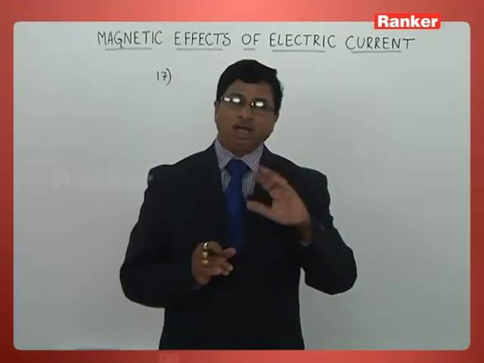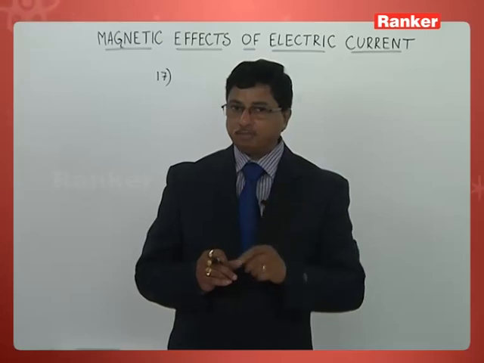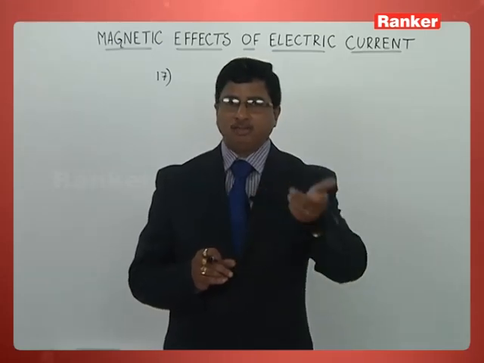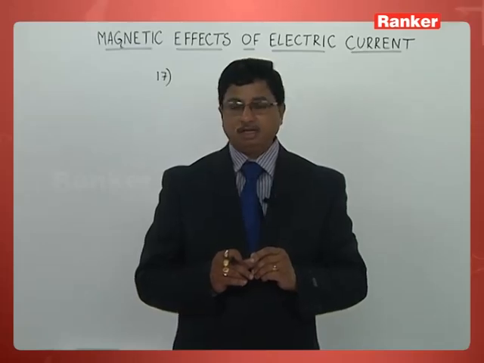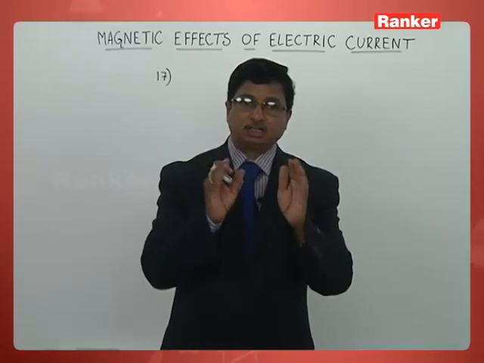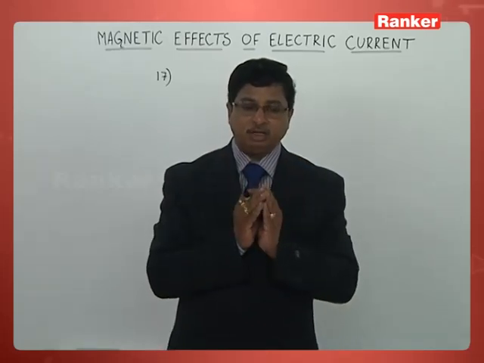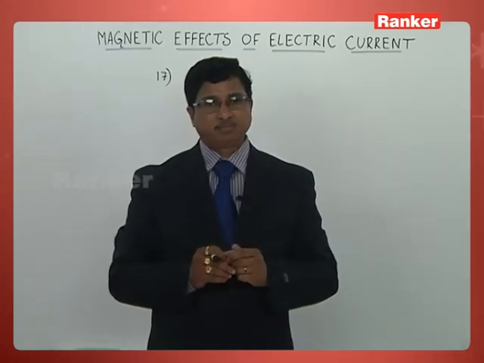How to convert a galvanometer into a voltmeter? We connect a very high resistance in series to the galvanometer. Thereby, the entire system, including that high resistance connected to the galvanometer, is now called a voltmeter.